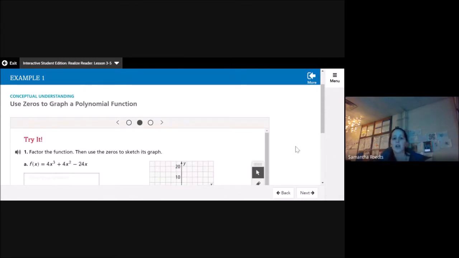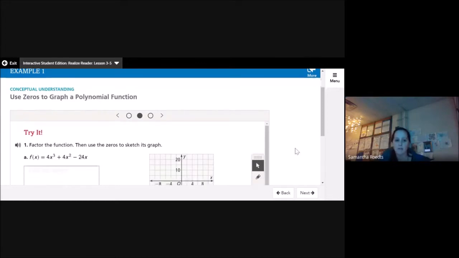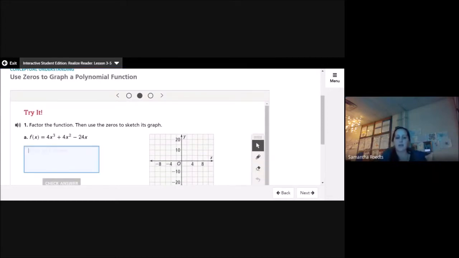All right, so let's try it. Factor the function, then use the zeros to sketch its graph. So with this, I can factor out a 4. Actually, I can factor out a 4x, which gives us x squared plus x minus 6.